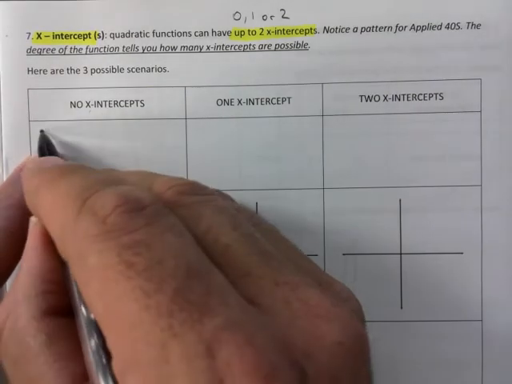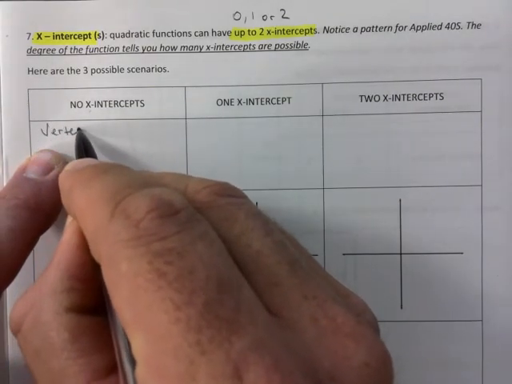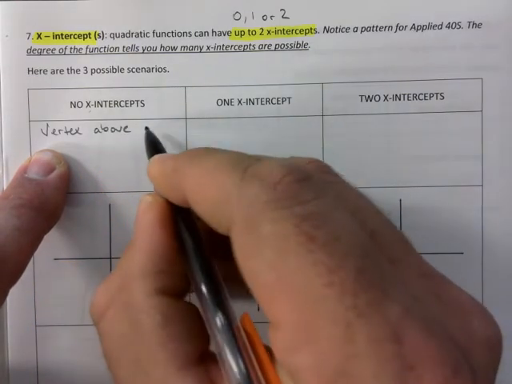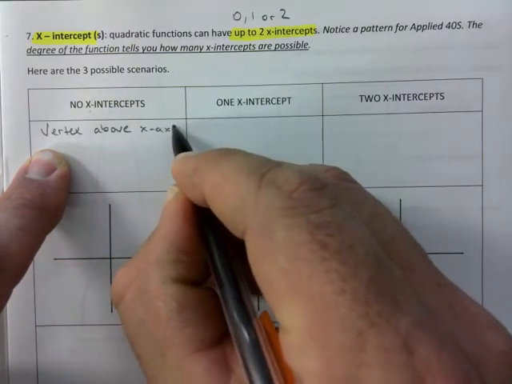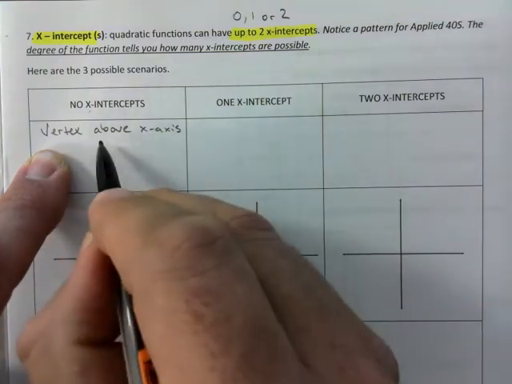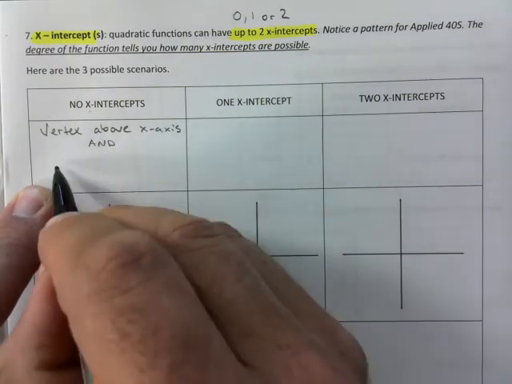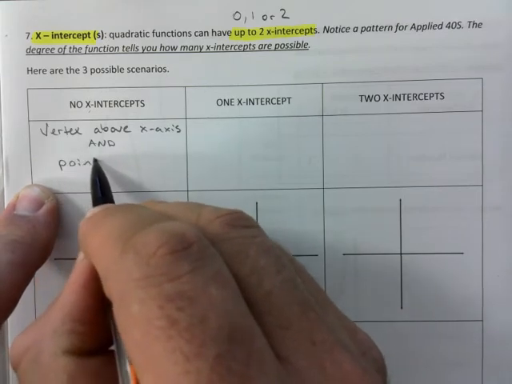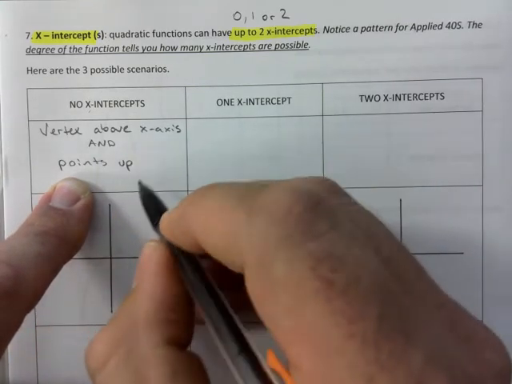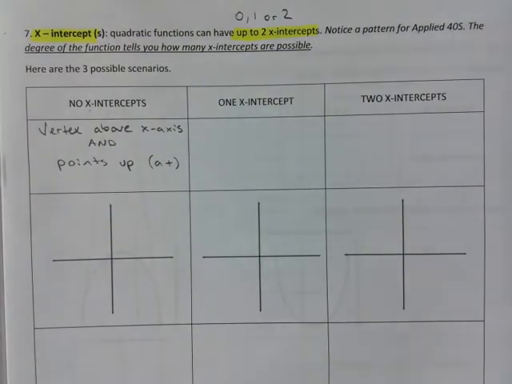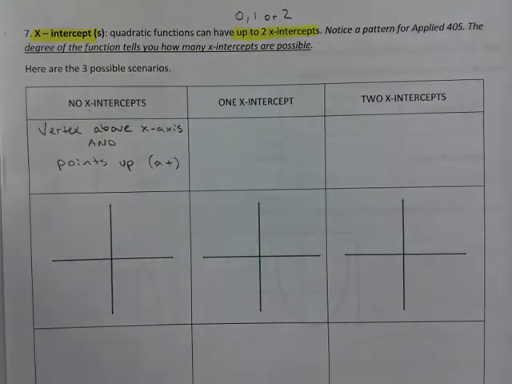No x-intercepts: the vertex is above the x-axis and points up. And that would mean that A is positive. That's our first scenario.